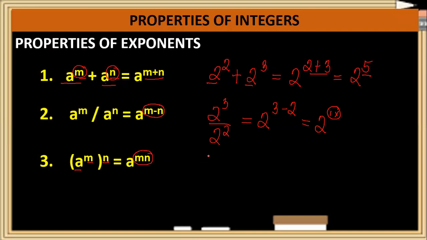Again, let's make an example: 2 raised to m, where m is 2, then n is 3. The answer is 2 raised to 2 times 3, which is also equal to 2 raised to exponent 6. So those are the properties of our exponents.